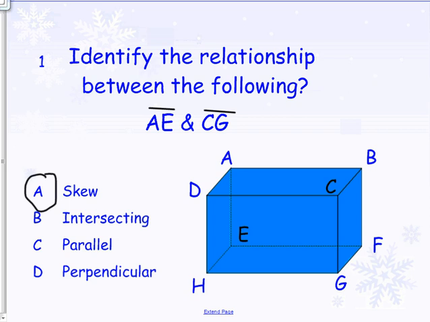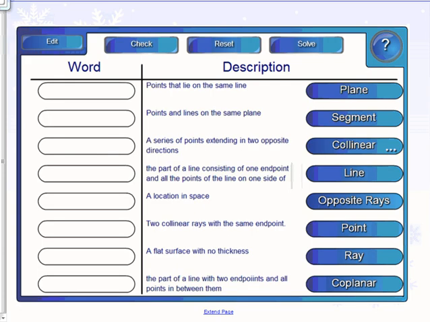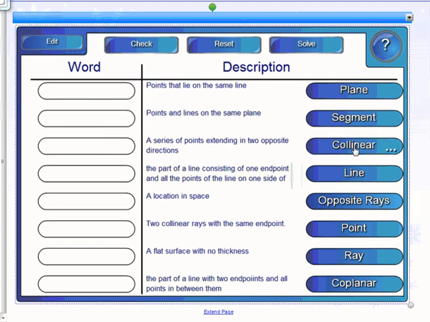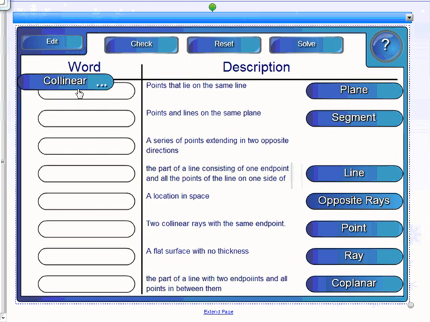All right, just as a quick review, we're just going to review some of these vocabulary words that you have learned from previous days and the words that you have learned today. So, we have points that lie on the same line. Points that lie on the same line are collinear points.